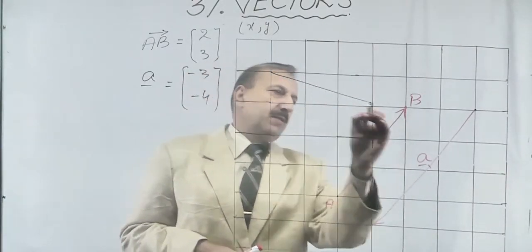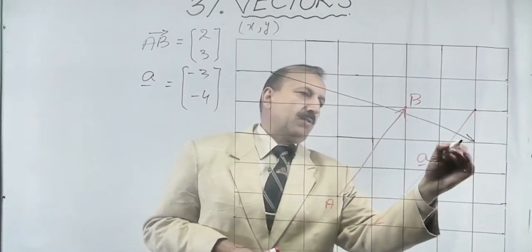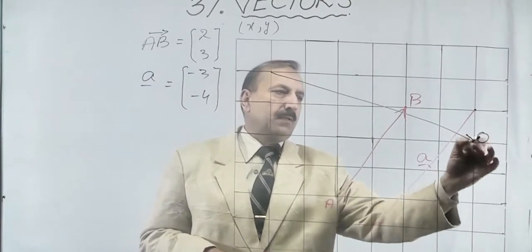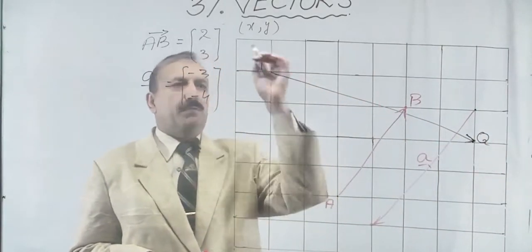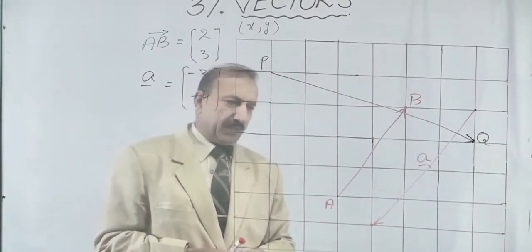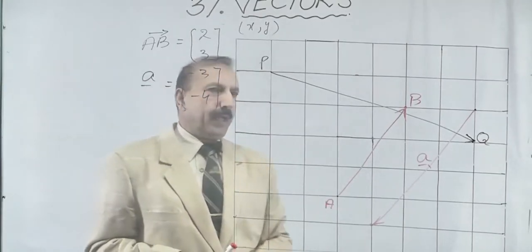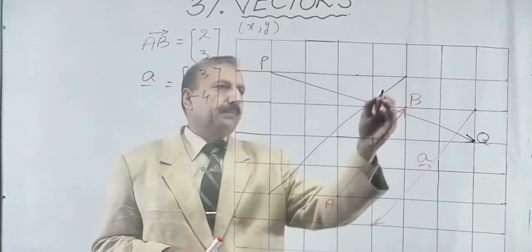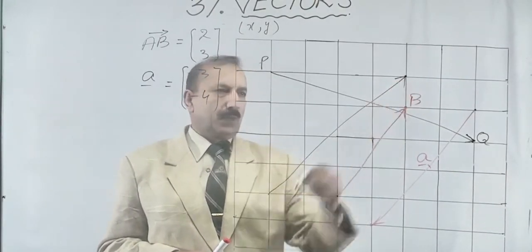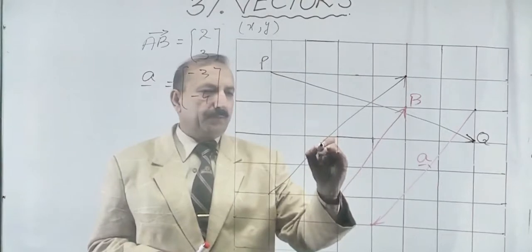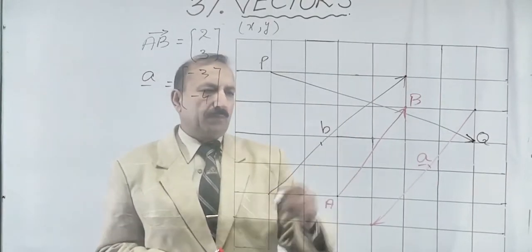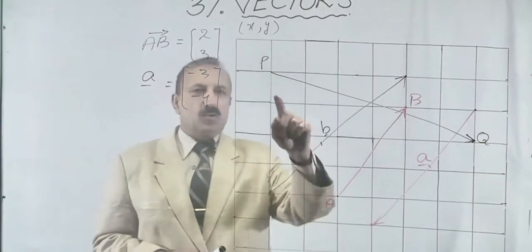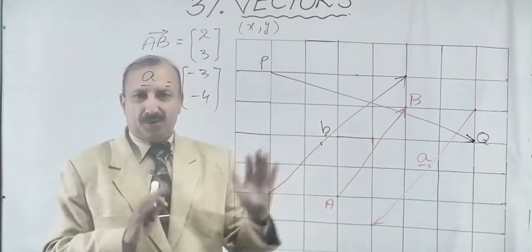Let's see, this is the vector that is already drawn, and this vector is PQ. And this vector is B. Let's say we have been given these two vectors, these are already drawn.